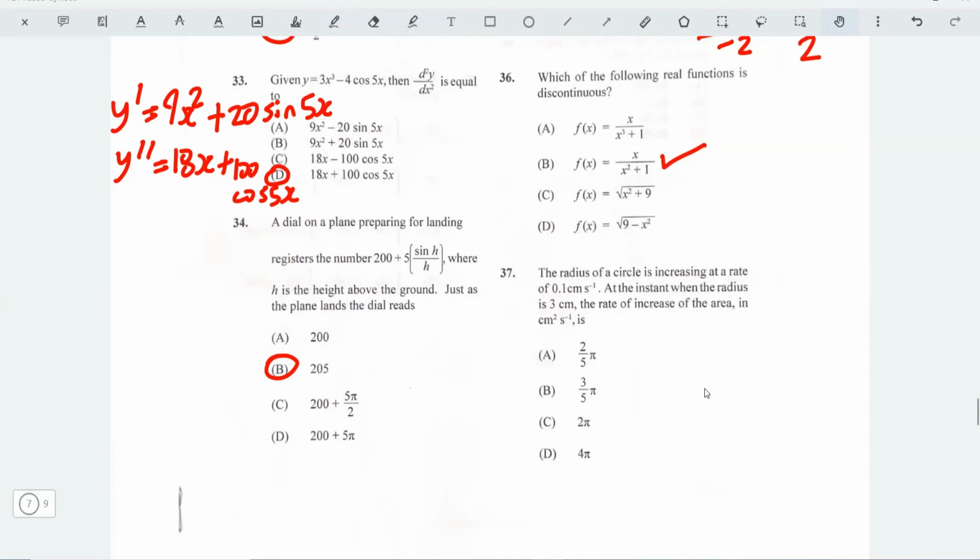When the denominator is 0, let me see. All right, which of the following functions is discontinuous? This is over 1. But the thing about this one is x can't be negative. x can't be less than 0. They should have stated that.